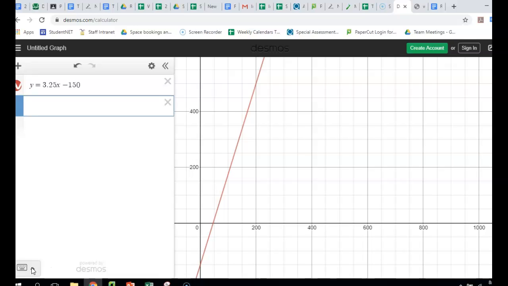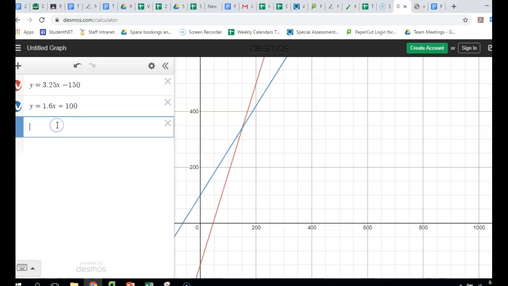The second one we have is y equals 1.6x plus 100. And then we have y equals 2.3x minus 50.